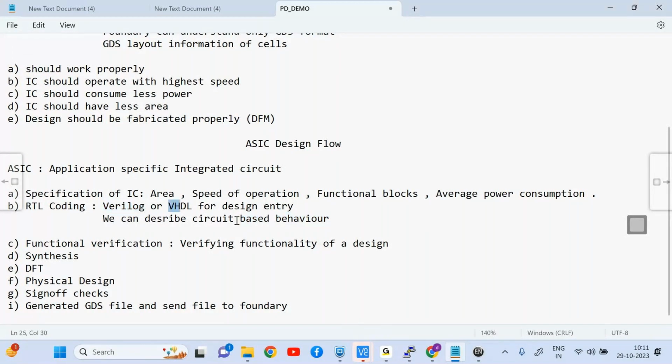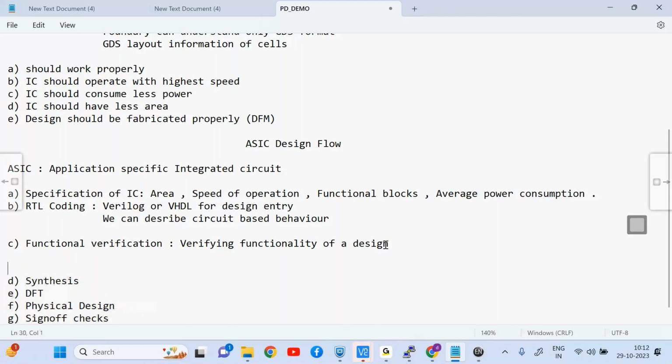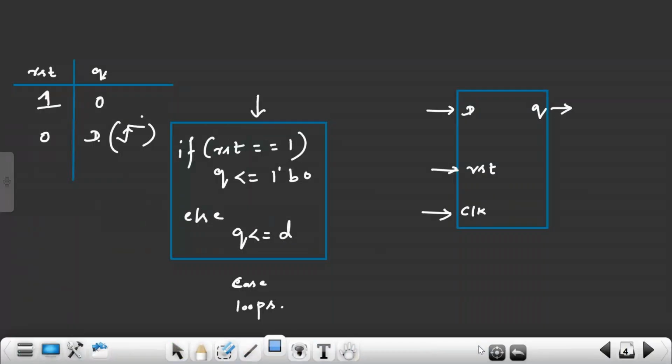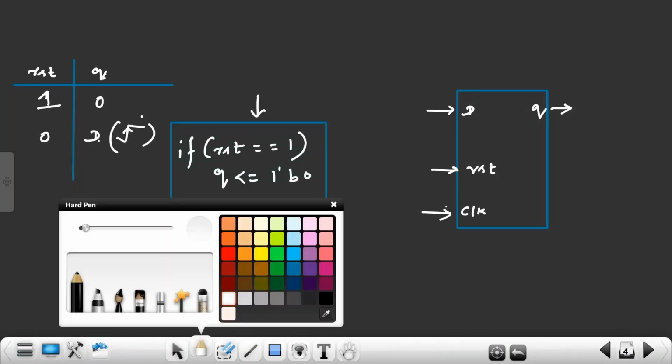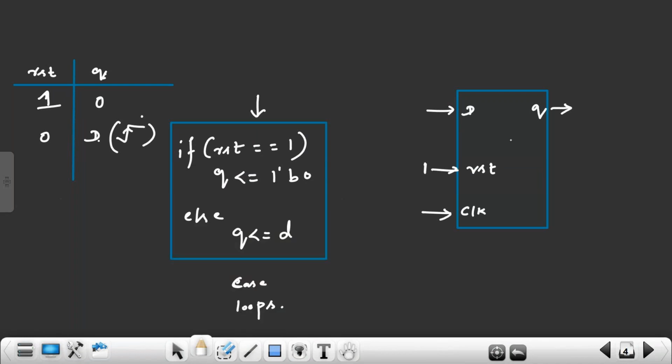This behavioral form design, I have to verify. How to verify it? By applying test cases. Test cases means, you have the behavioral design: first apply reset as one. Observe what the output is.